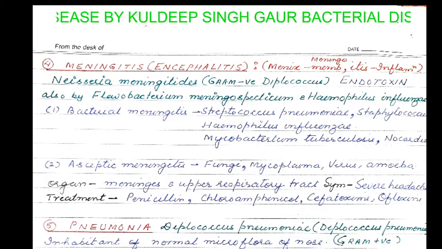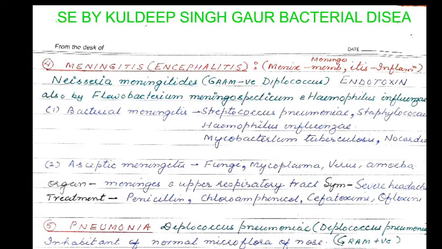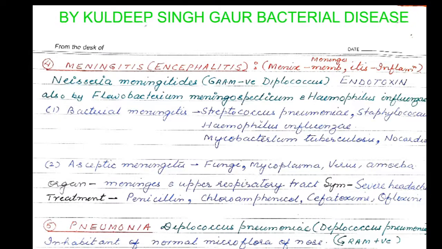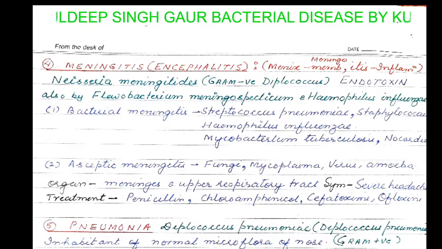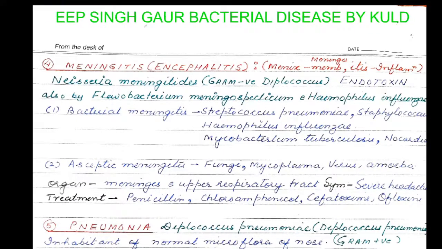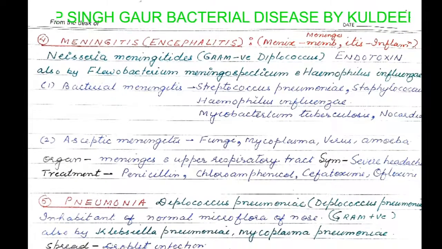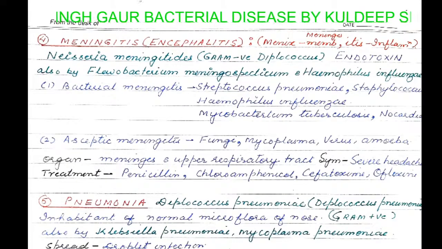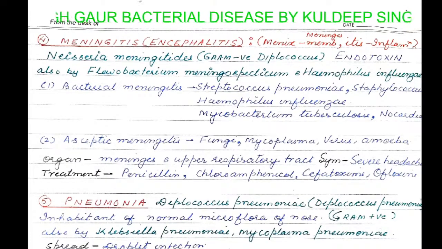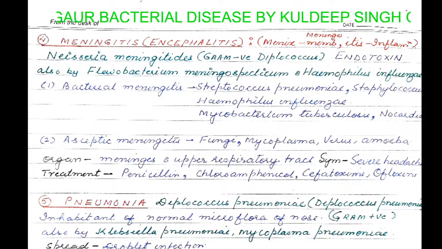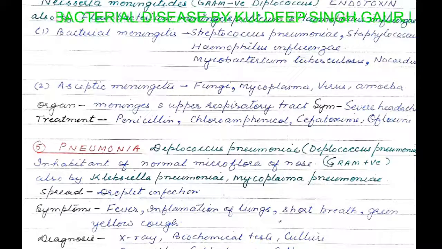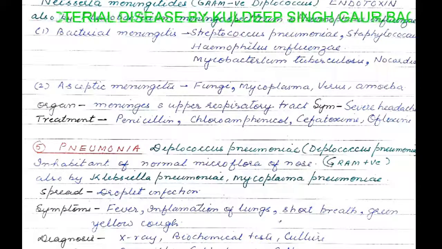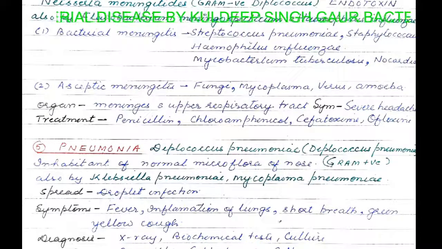Aseptic meningitis, on the other hand, is caused by Mycoplasma, virus, amoeba, and fungi. The organs of infection are the meninges of the brain and the upper respiratory tract. The symptom involves severe headache. Treatment is generally done by penicillin, chloramphenicol, cefixime, and ofloxacin.